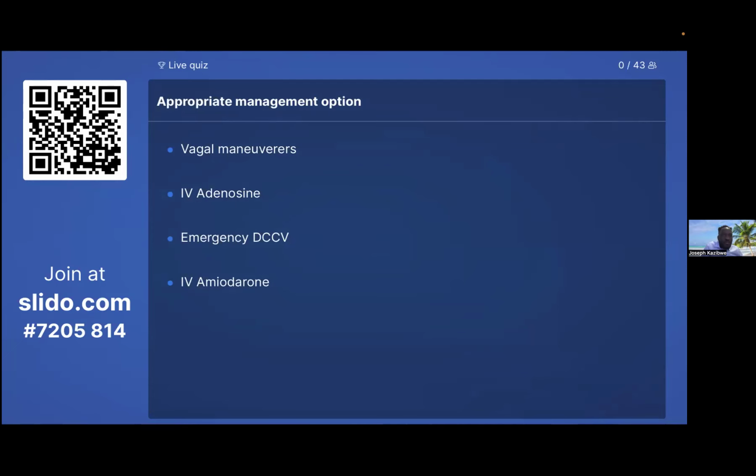What is the appropriate management option? So give it 20 seconds in the interest of time. See what people think. Should we proceed with vagal maneuvers, IV adenosine, cardioversion, IV amiodarone? So giving it another 10 seconds.